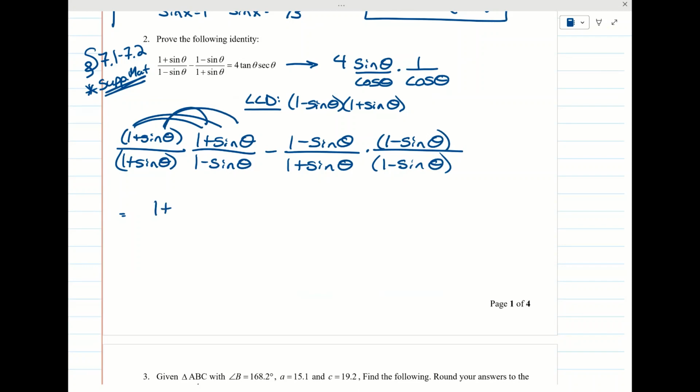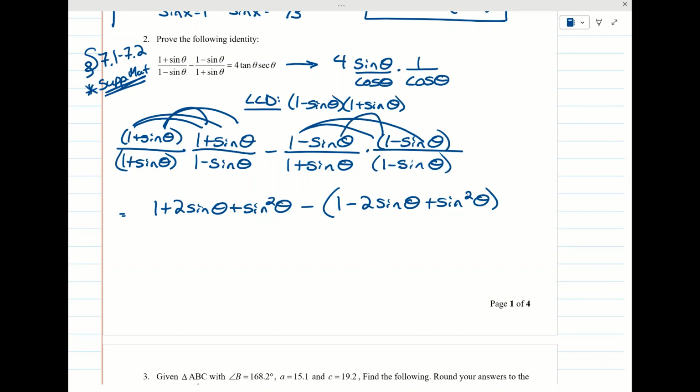This will be 1 plus 2 sine theta plus sine squared of theta, minus, distribute this, 1 times 1 is 1, minus 2 sine theta plus sine squared of theta. All divided by the same denominator, which was 1 minus sine times 1 plus sine.